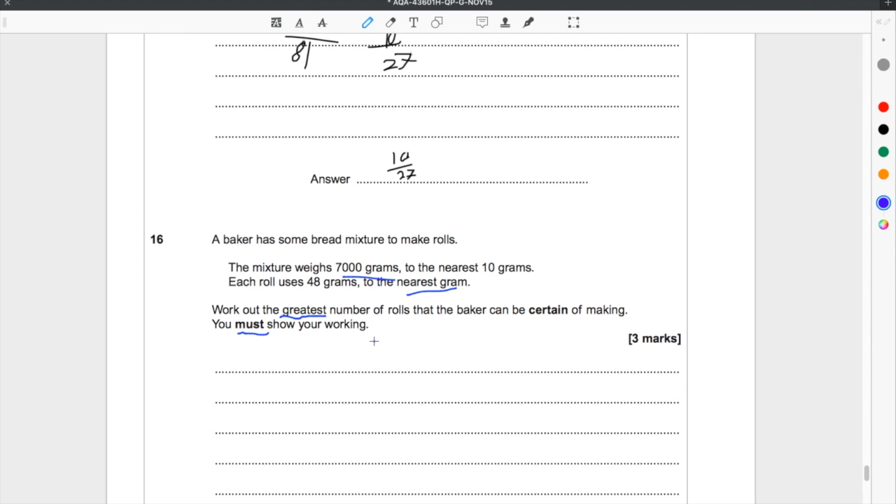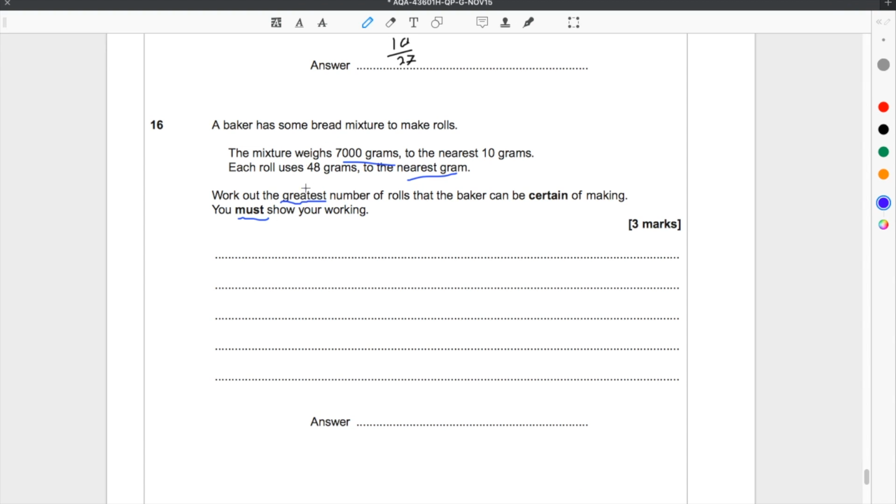So let's think about this. Here we have a bread mixture which makes rolls. So this is how much he has, and we need to find the amount that he can be certain of making. So this is in the worst case scenario.